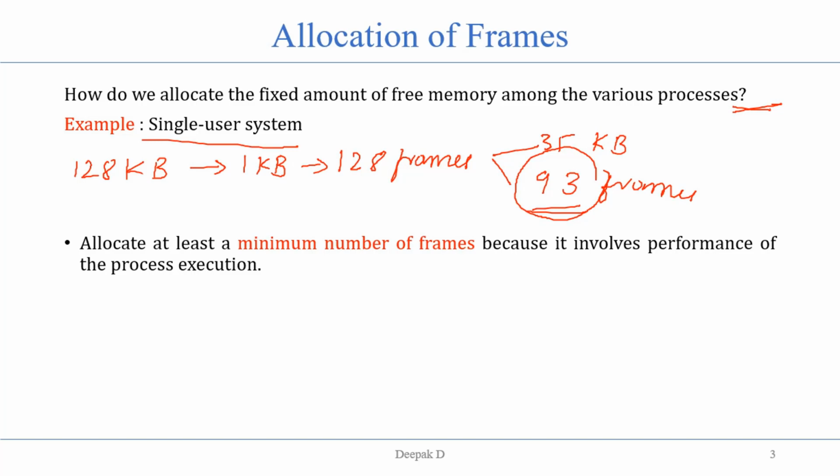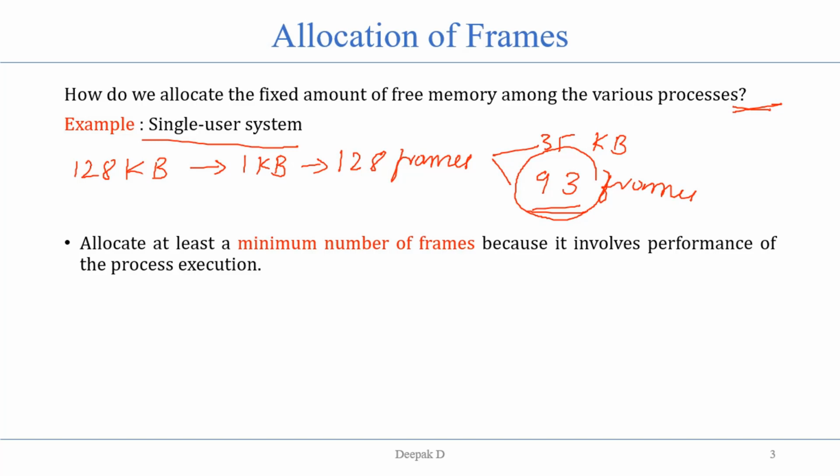When this 93 frame list is exhausted, a page replacement algorithm would select one of the 93 in-memory pages to be replaced with the next consecutive page.